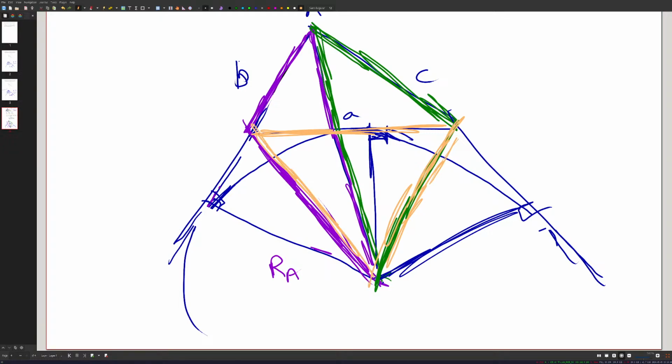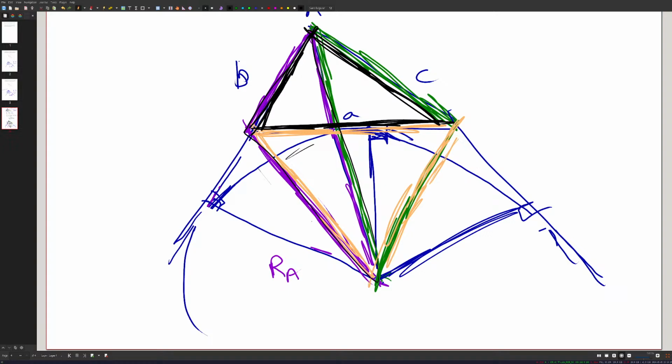Okay. And you're going to see that the area of the triangle itself, this black triangle over here, is going to be the purple one plus the green one minus the orange one. Because then you're adding this whole thing, but removing this piece. So the height here, we're going to use B as the base.